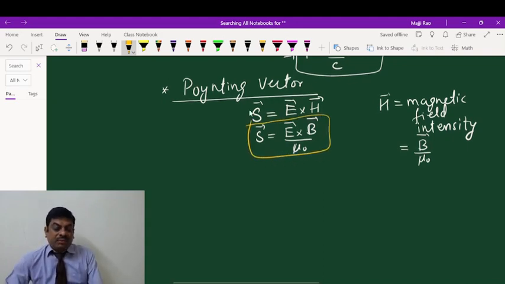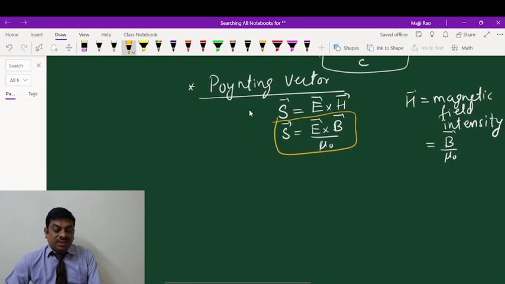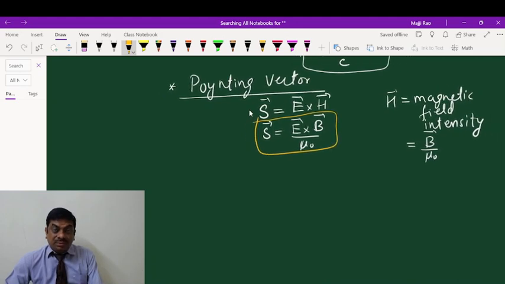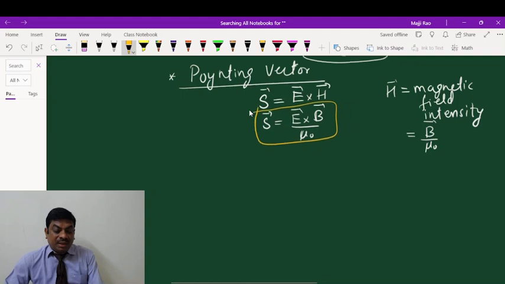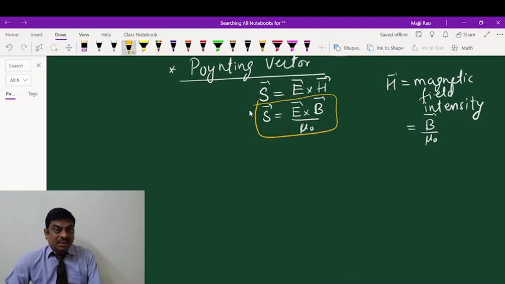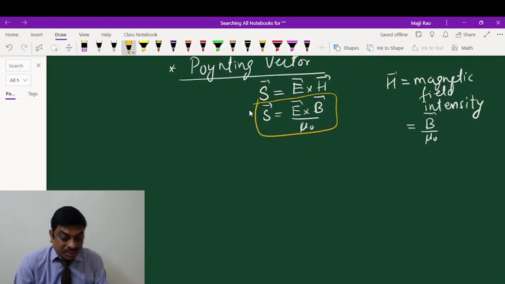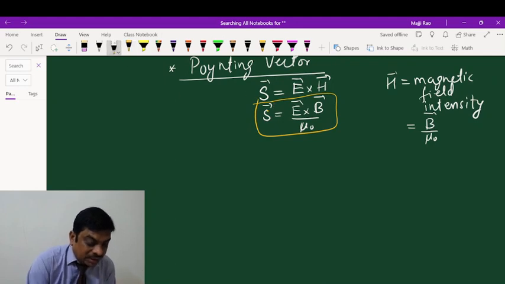Now we'll see that it is basically equivalent to intensity. I'm sorry, students, not energy density, intensity, as we'll see. Let us find the magnitude of this.